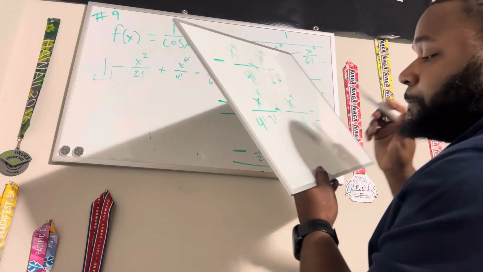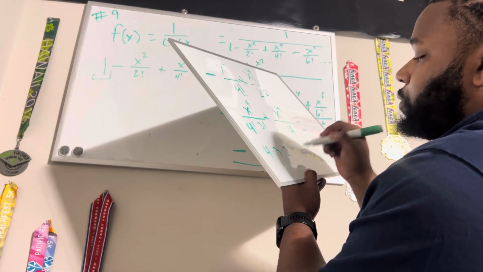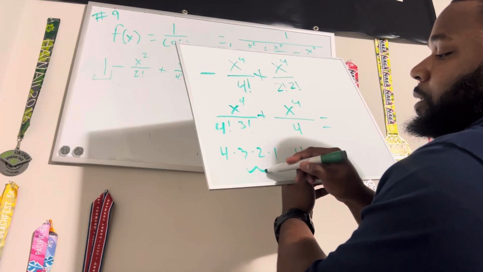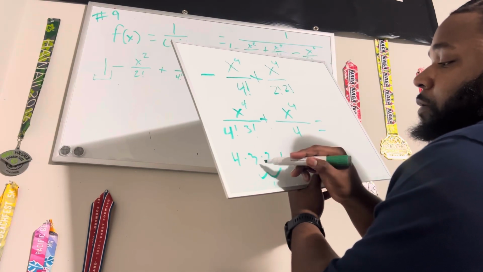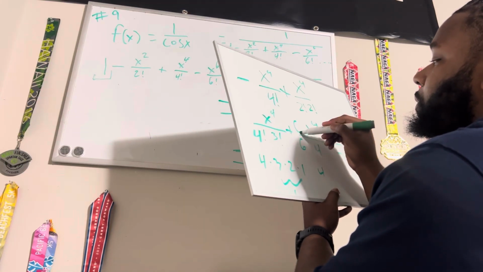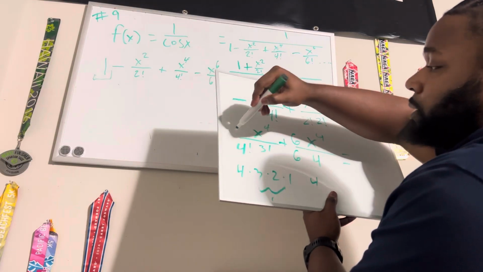To explain this, we have 4 times 3 times 2 times 1, and we have the 4 over here, and we're missing this portion. So 3 times 2 times 1 is going to be 6, and then this is negative.